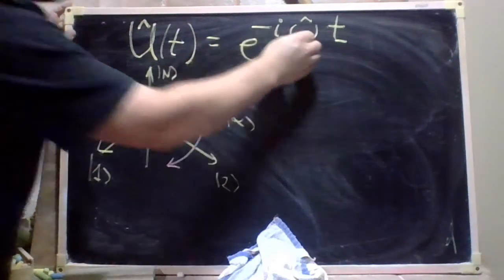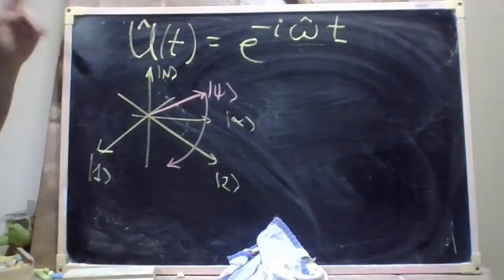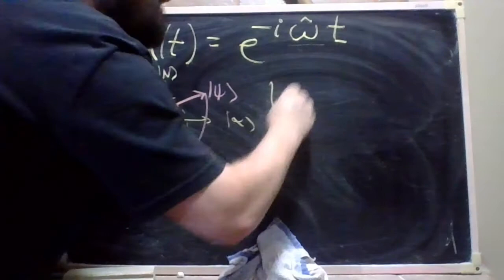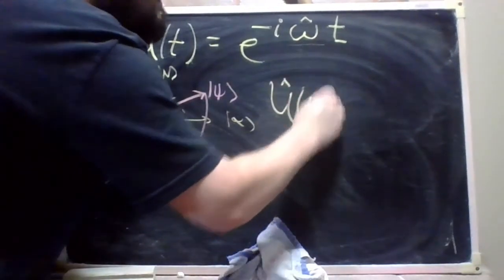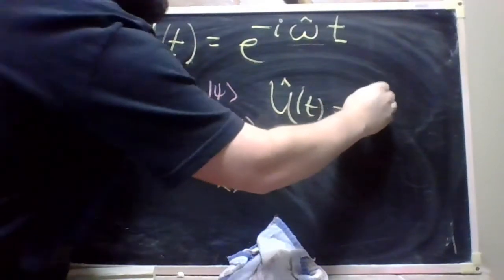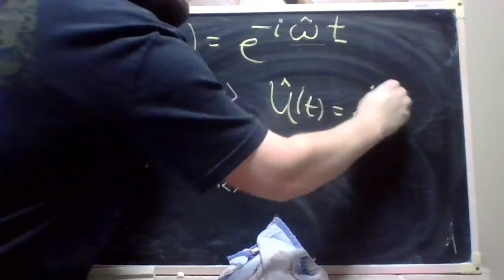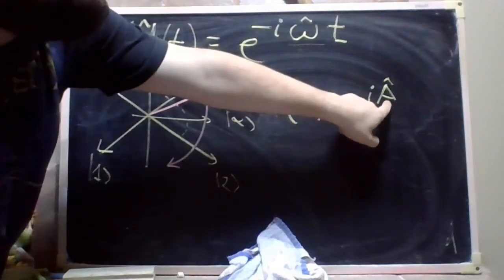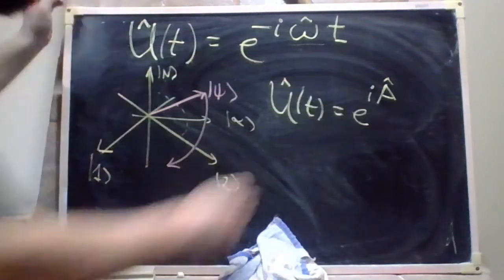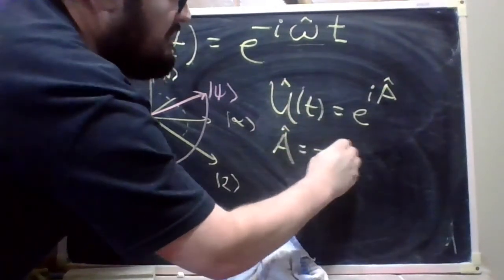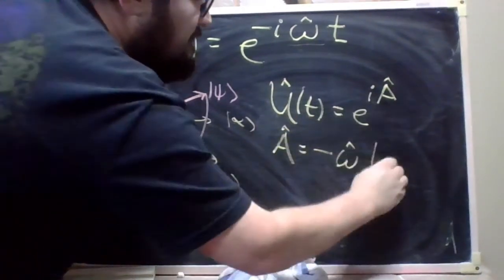And these angular frequencies are written here. Notice that this form of the matrix of the time evolution operator here is just the exponential of the imaginary unit multiplying a Hermitian matrix. And this Hermitian matrix here is just minus omega t.